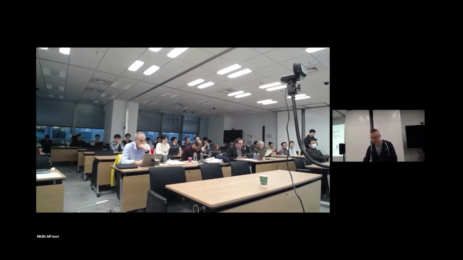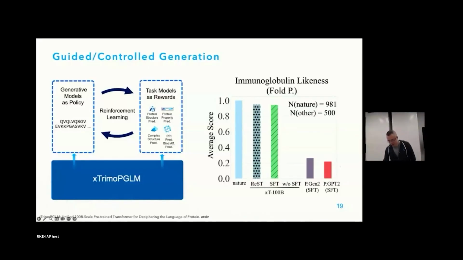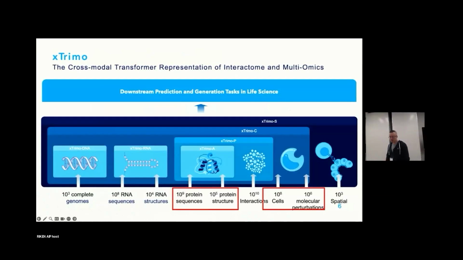Yeah, very good question. I think definitely there's a need for alignment, but in this case, it's not aligning with human values or human opinion or something like that. It's more like aligning the model with wet lab experiments, the kind of property you're going to actually measure in wet lab experiments, or some physics properties, right? So at the moment, this pre-trained model, for instance for protein, is more on just the sequence, right?